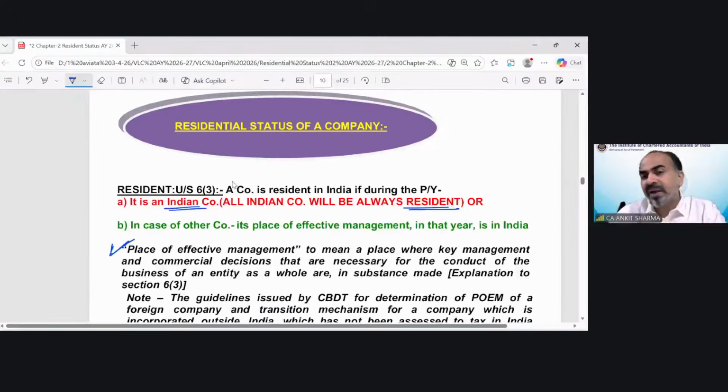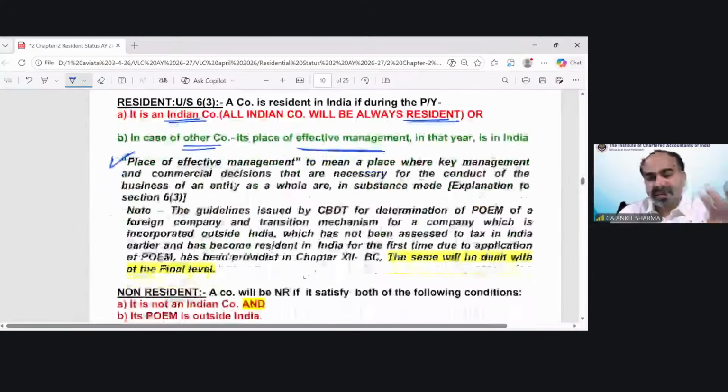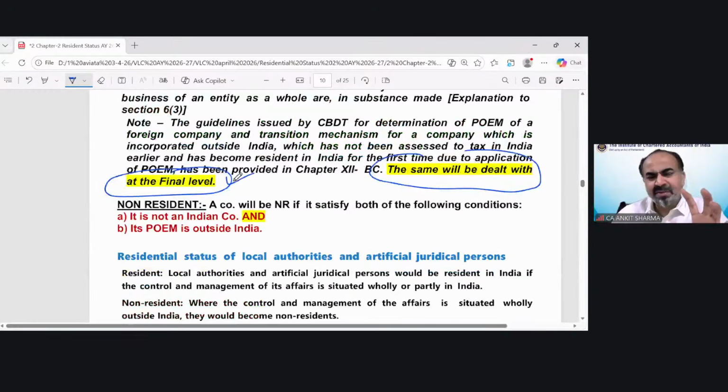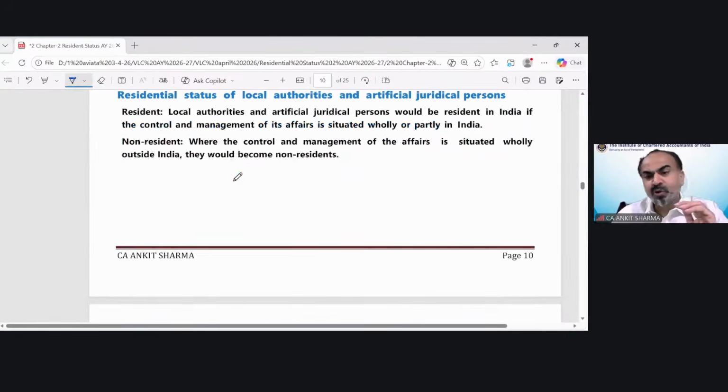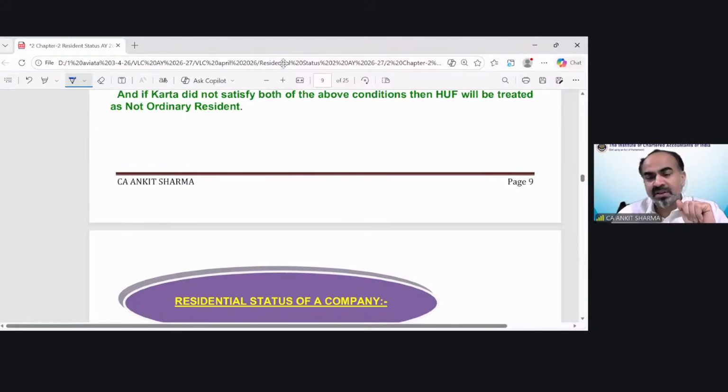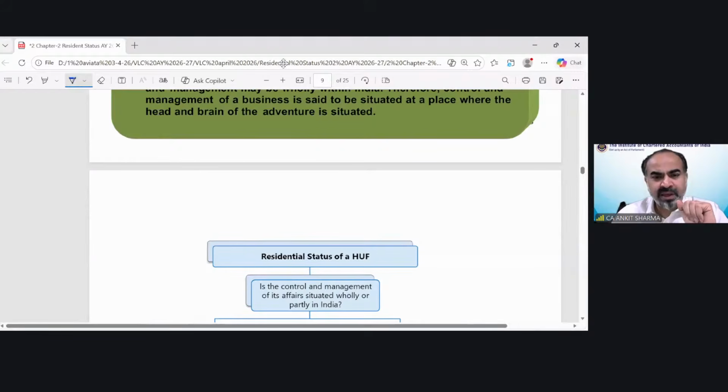If you find the place is in India, you will be a resident, else non-resident. The place of effective management depends upon various conditions that are going to be discussed at final level. So we have discussed the concept, what we have gone through with the help of the chart till now, we have just revised with the help of the notes. But there are one or two clarifications that we are going to discuss, and then one or two simple cases also.